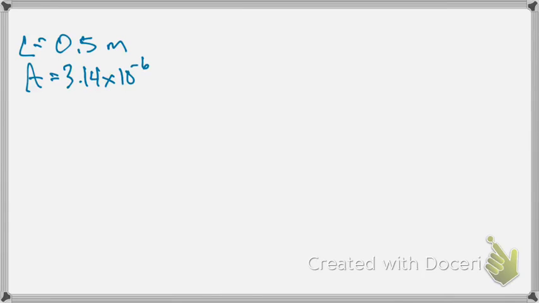All right, next question, 7. The length of a wire is 0.5 meters. They give you the cross-sectional area is 3.14 times 10 to the negative 6 meters squared. And it's found to have a resistance of 2.53 times 10 to the negative 3rd ohms. According to the resistivity chart, the wire could be made of.